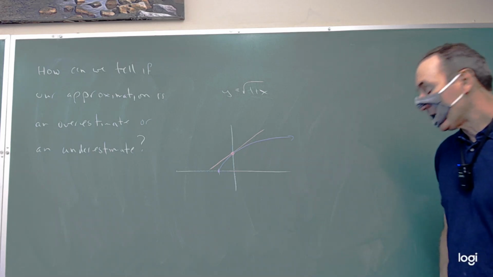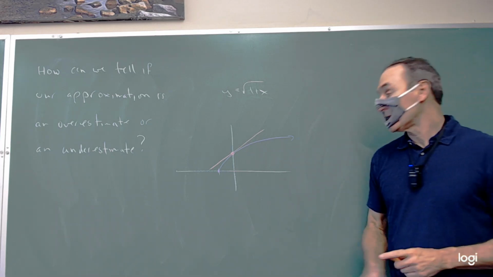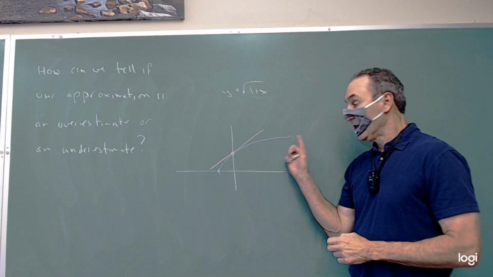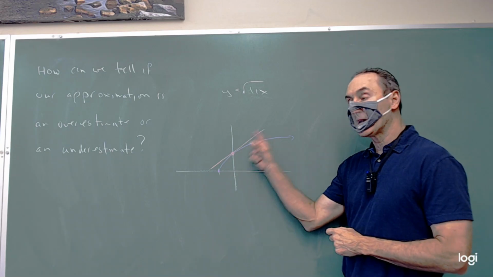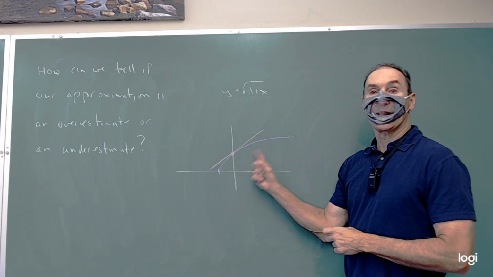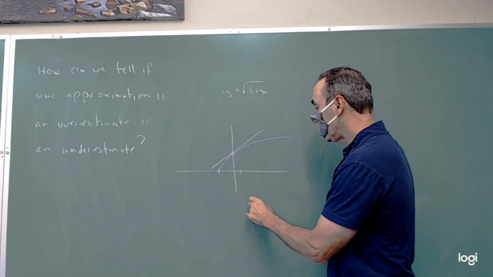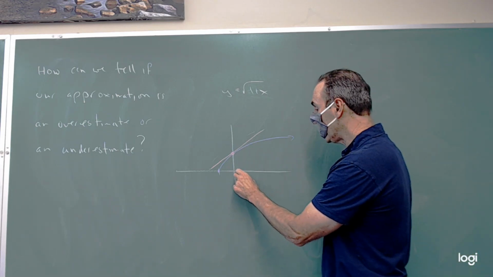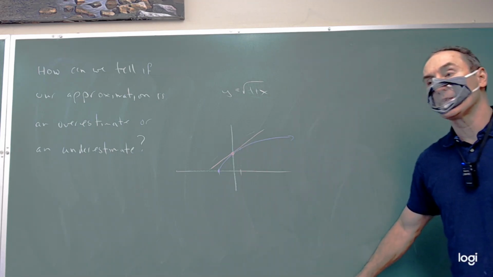Now, what we did was use the tangent line to approximate the value of the curve. So we were using a value of y coming from the pink tangent line to approximate the purple function. So since we went over here, 0.02 to the right, is our approximation going to be an overestimate or an underestimate?